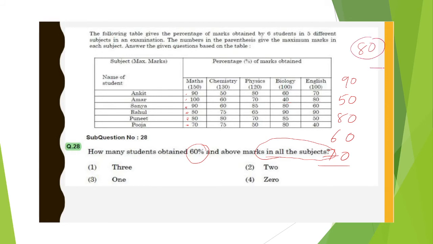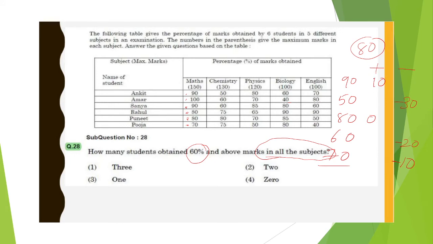Then we have to see plus and minus: how much more than 80 and how much less than 80. 90 is 10 more than 80. 50 is 30 less than 80. 80 is equal, 0. 60 is 20 less than 80. 70 is 10 less than 80.